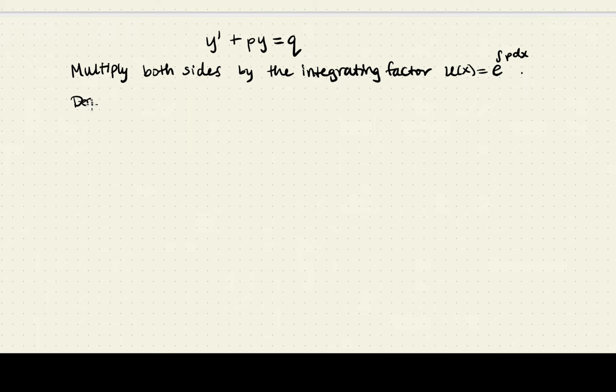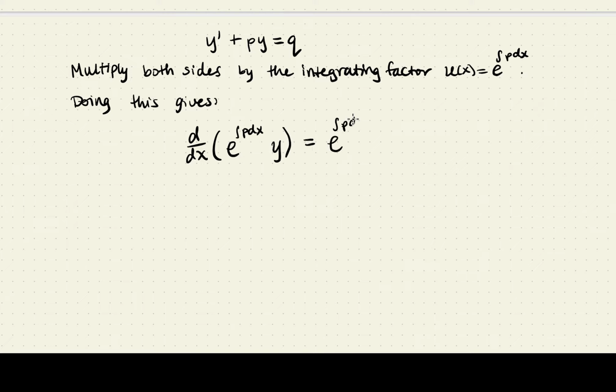So doing this gives us, on the left, d dx of our integrating factor, e to the integral of p dx, times y, equals e to the integral of p dx times q. Okay, so I went straight to writing this as the derivative of a product.